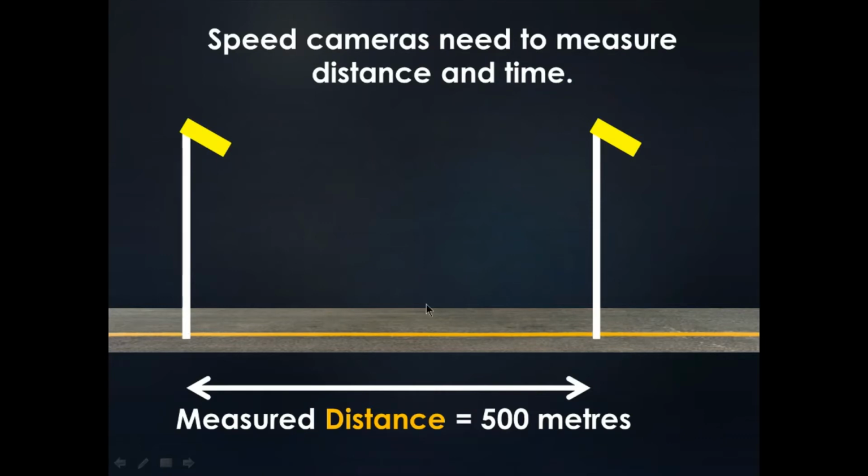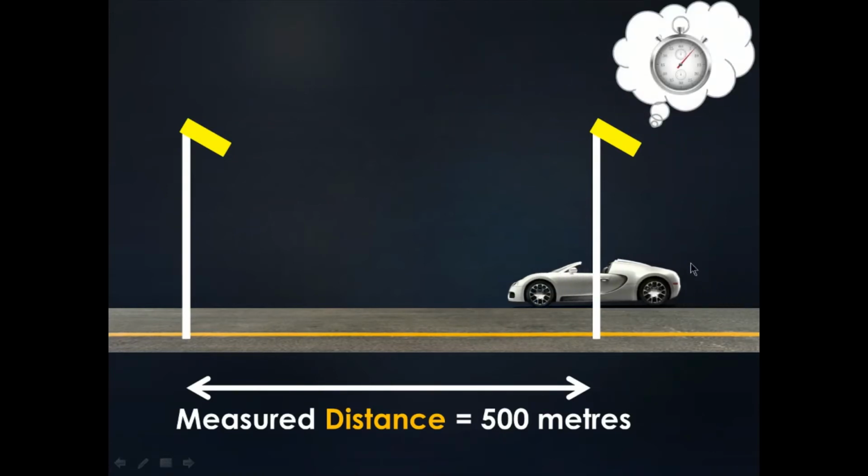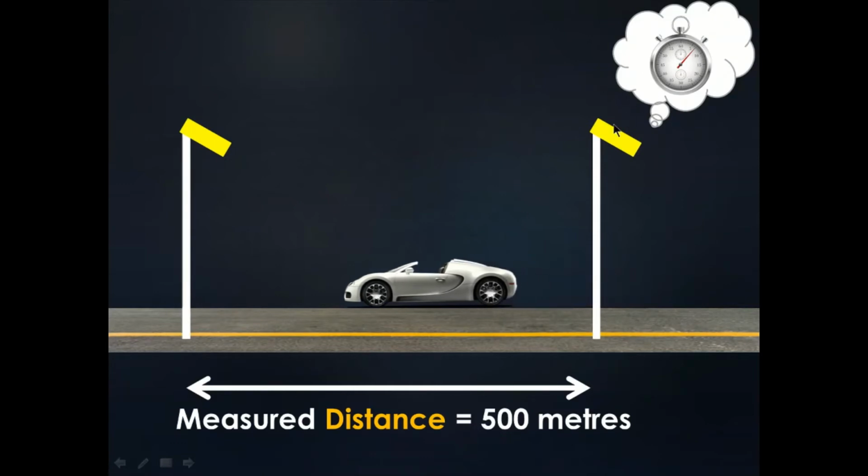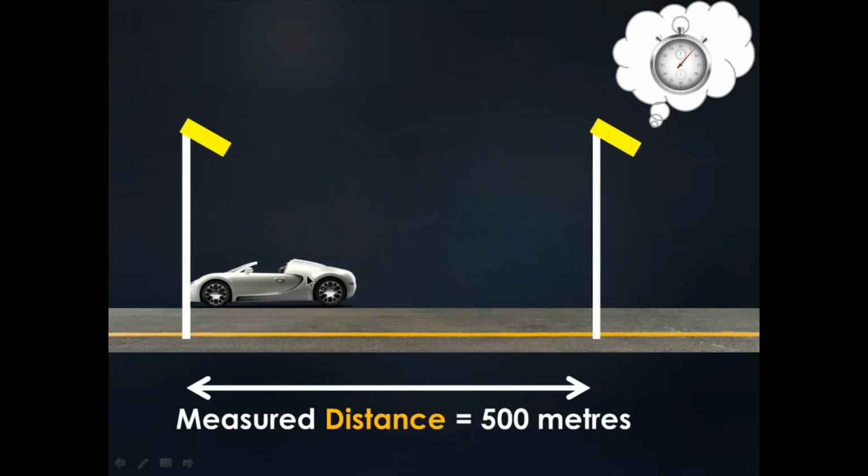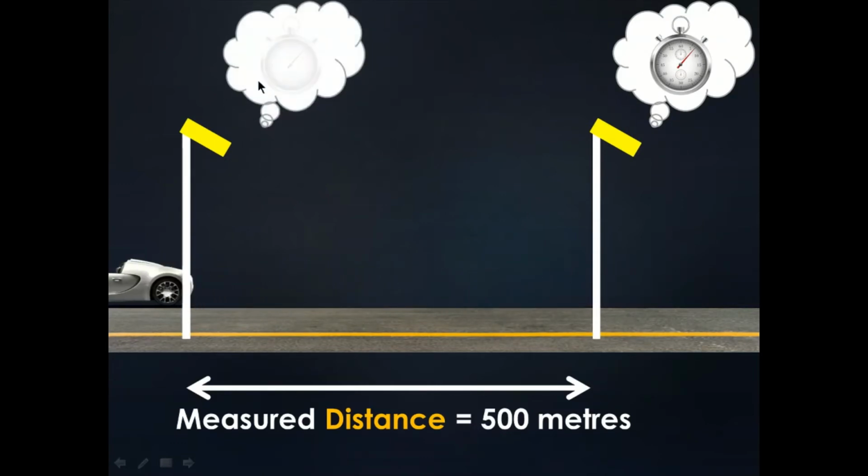Now, let's have a think about how this is going to work when a car comes through. Whoa, that was a bit quick. Right, let's slow this down and let's see what each camera does when the car comes through. Here comes our car. Oh, it's having a wee think, and it's starting a timer. The timer keeps going, and then it stops.